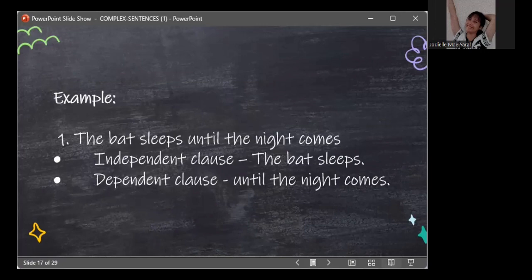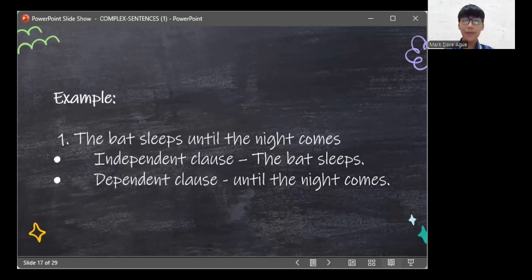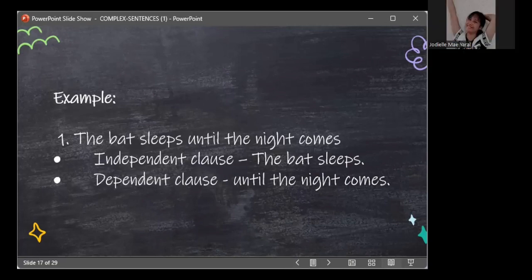The subject in the independent clause, sir, is bat. That's right. Very good. Now, how about the predicate? The predicate in the independent clause is sleeps. That's right, Miss Yoral.